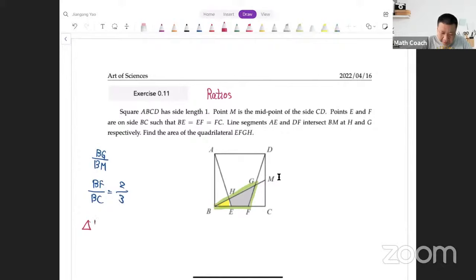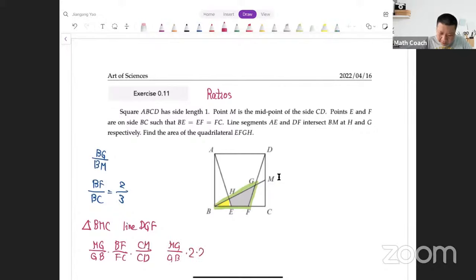So we consider the triangle BMC and consider the line DGF. Now what we can write down is the product of the ratios: MG over GB times BF over FC, times CD over CM.